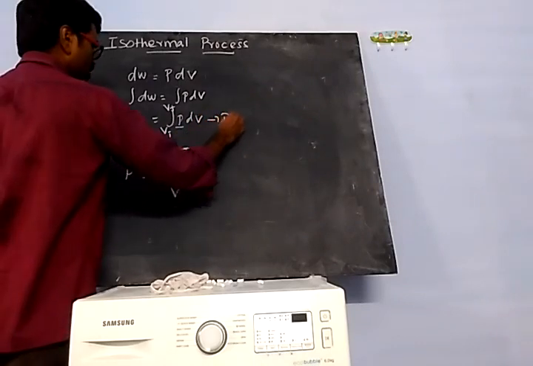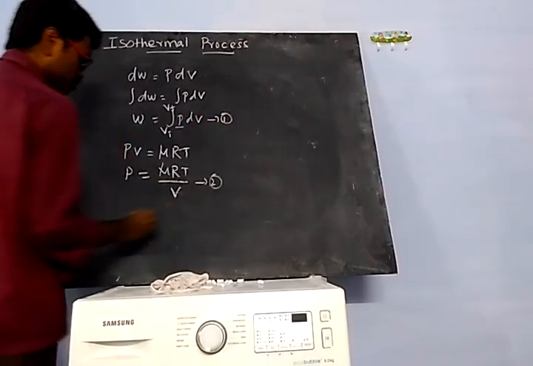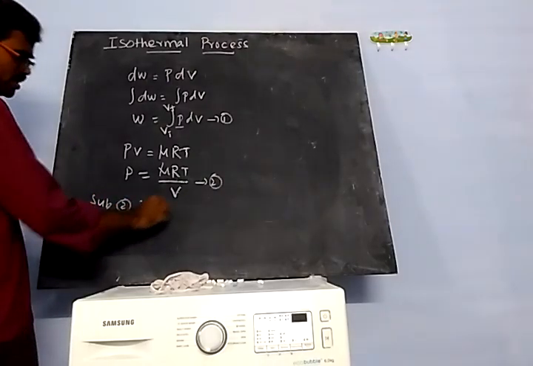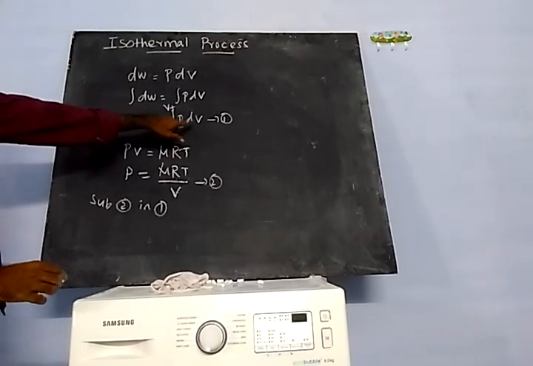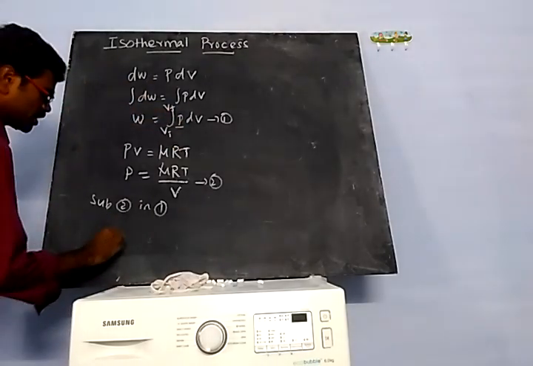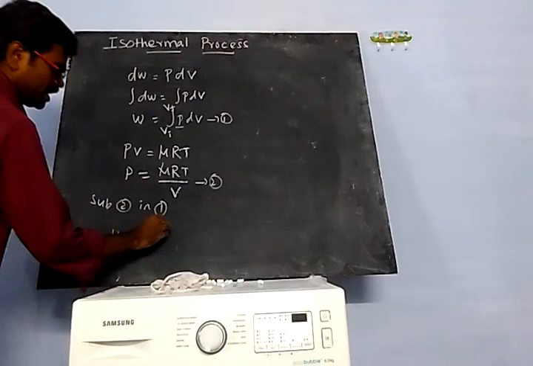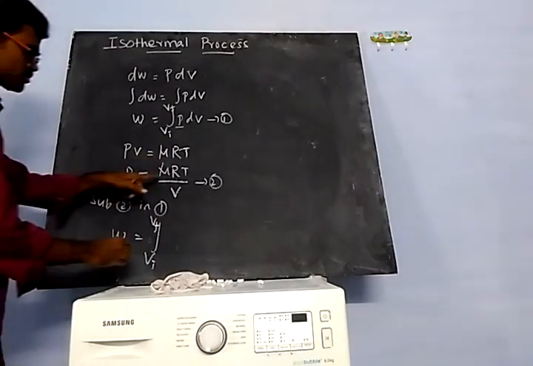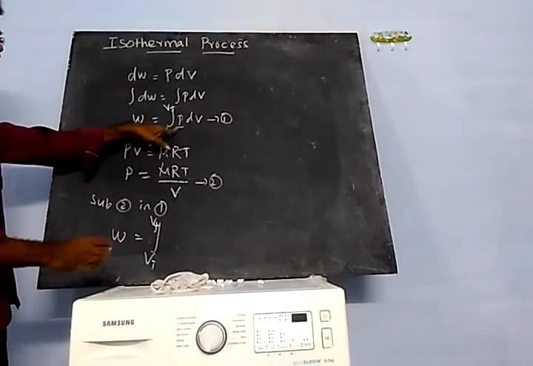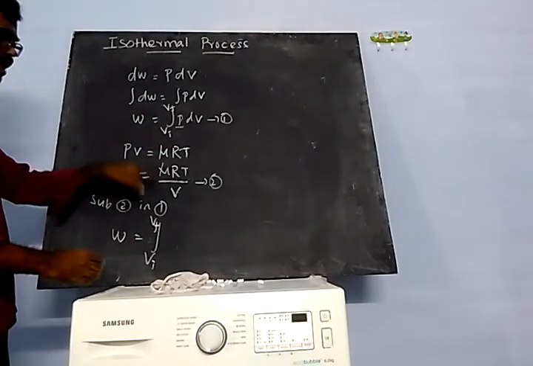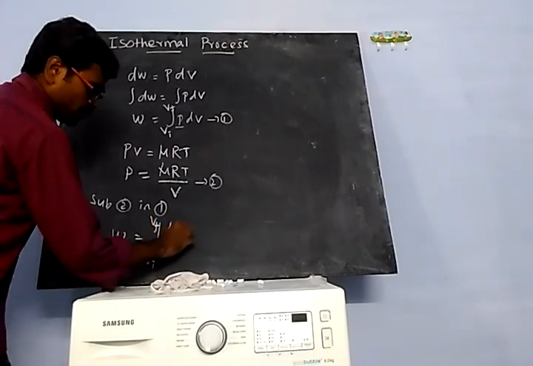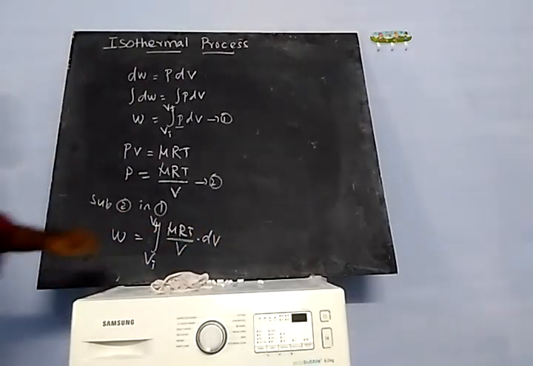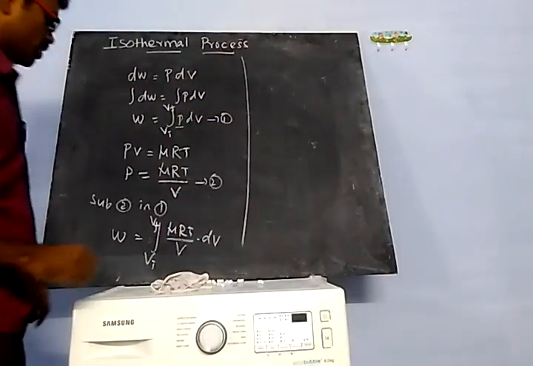So this is equation number 1 and this is equation number 2. You can substitute 2 in 1. So W is equal to integral from VI to VF of P, and you can replace P by mu RT divided by V, times dV.